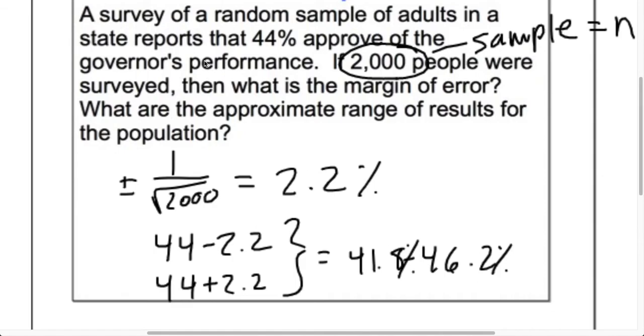And again, even this margin of error isn't going to be super exact. If we were to actually take a census and get results from the entire population, we might find that the population isn't in this range. But it's just a way to try and be a little bit more transparent with your data.